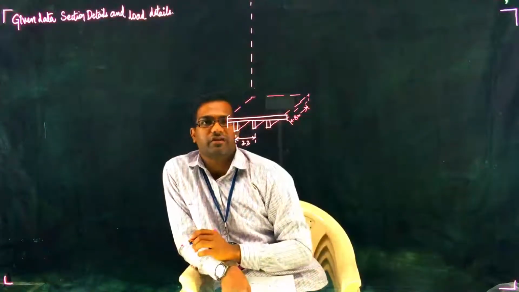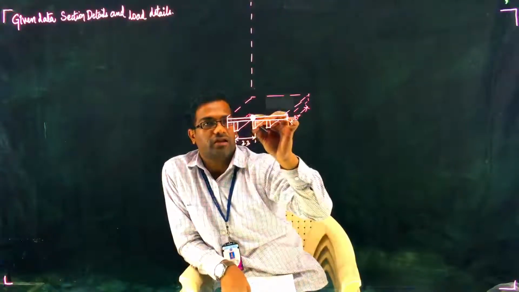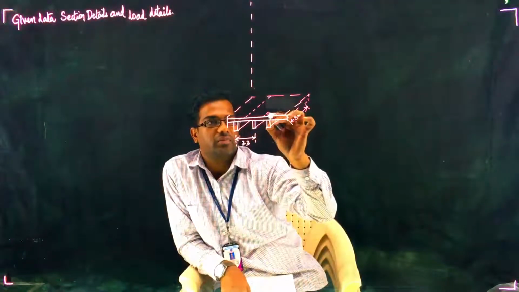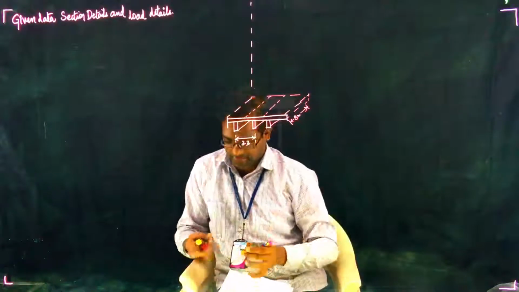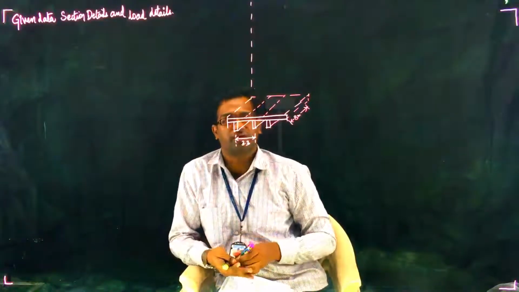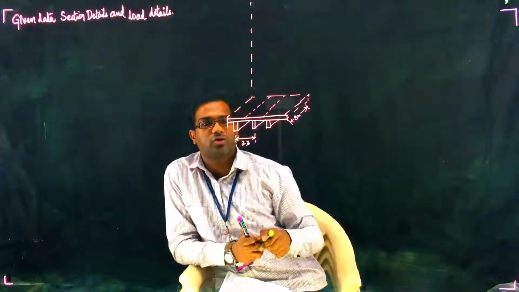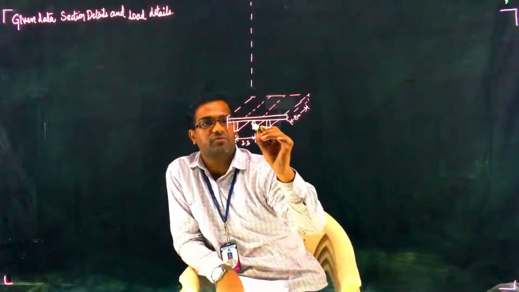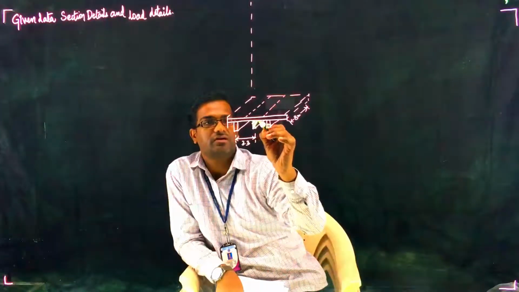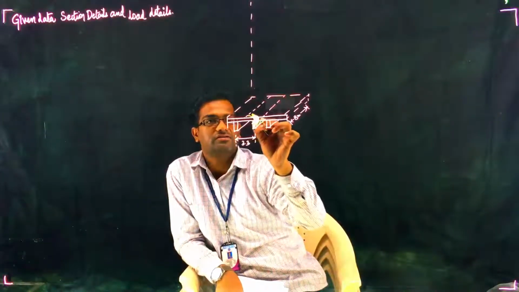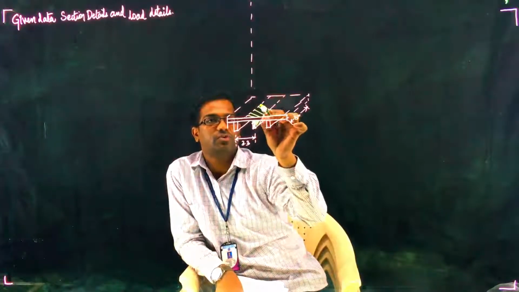Now for this given beam, we need to calculate the load taken by one single T-beam, as shown in the figure. If you take a look at this central T-beam, which I am hatching with this color, it takes the load of this portion.